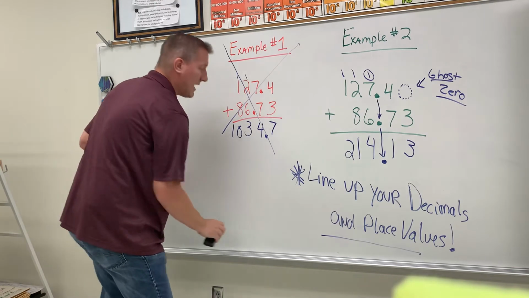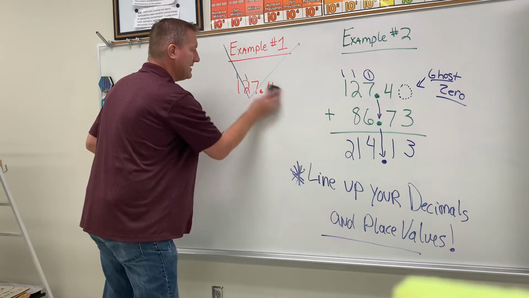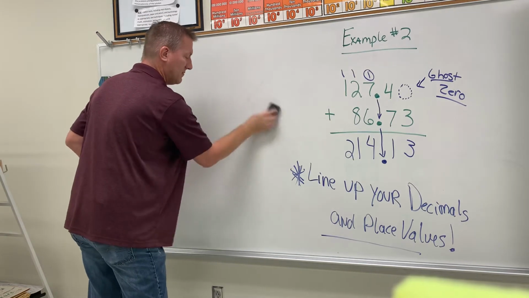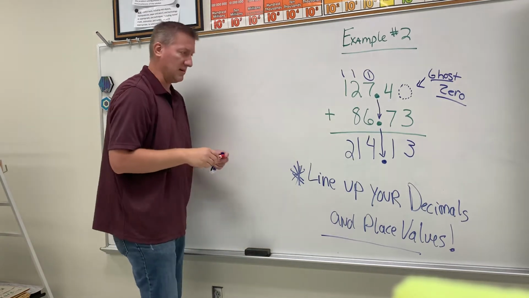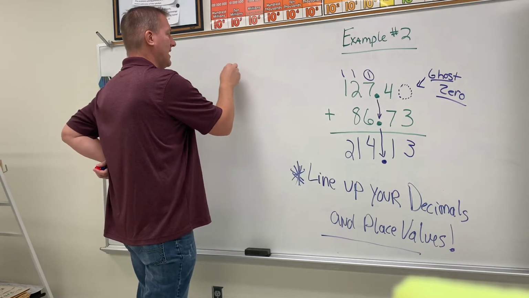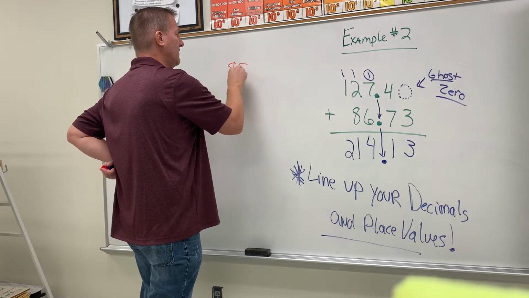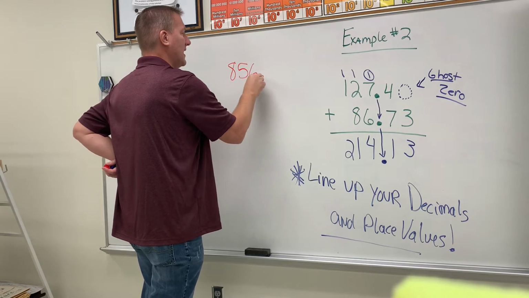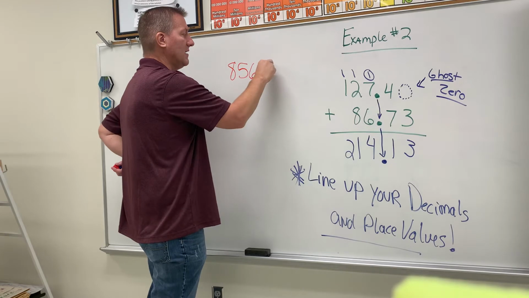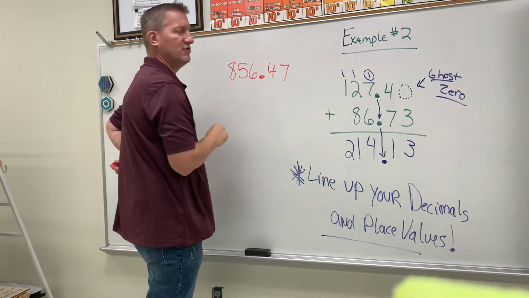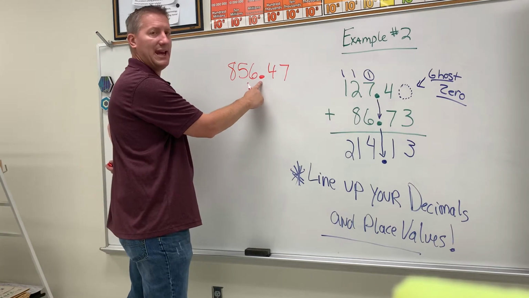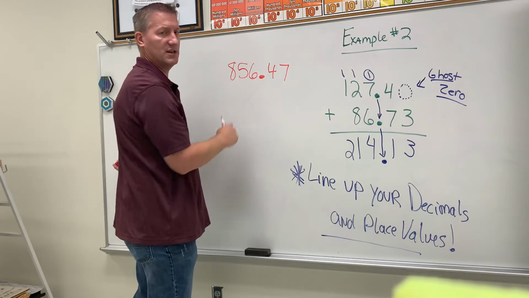Okay, and watch how easy a subtraction problem will be. So I'm going to erase this bad problem because I don't even want you to see that anymore. Let's do a subtraction problem. So let's say I have 856 and, notice I said and, 47 hundredths. So 856 and 47 hundredths.